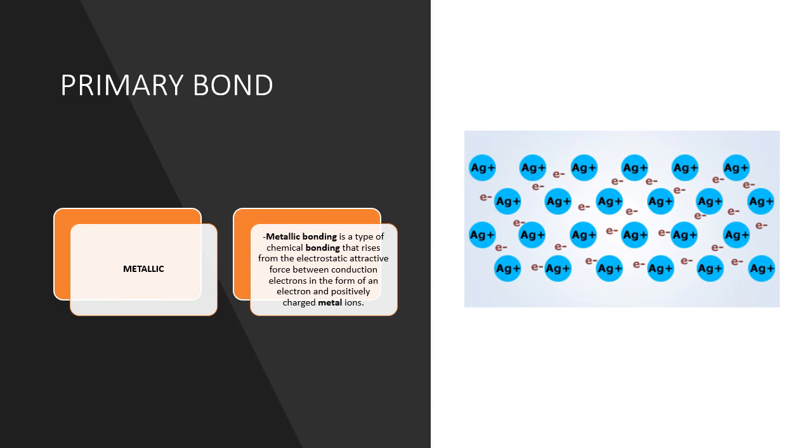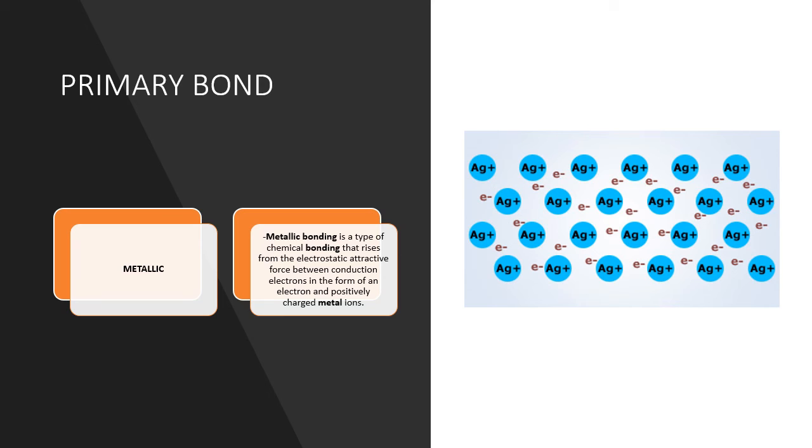And the last primary bond is the metallic. Metallic bonding is a type of chemical bonding that arises from the electrostatic attractive force between conduction electrons in the form of an electron cloud and positively charged metal ions.